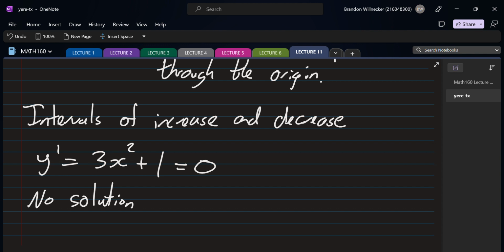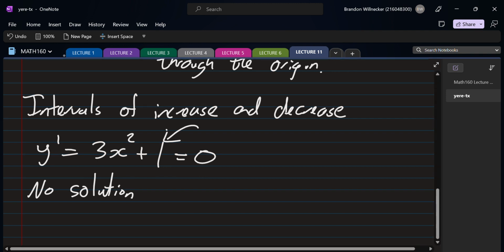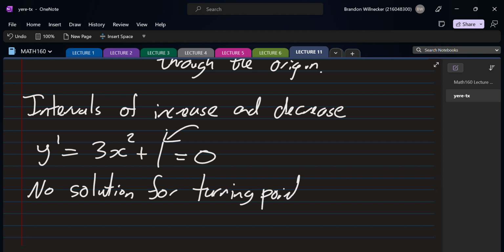Also, the left-hand side is always positive, which means the gradient is always positive, so the function is always increasing. That's the first thing we notice: no solution for turning points. The second thing we notice is that the gradient is always positive.